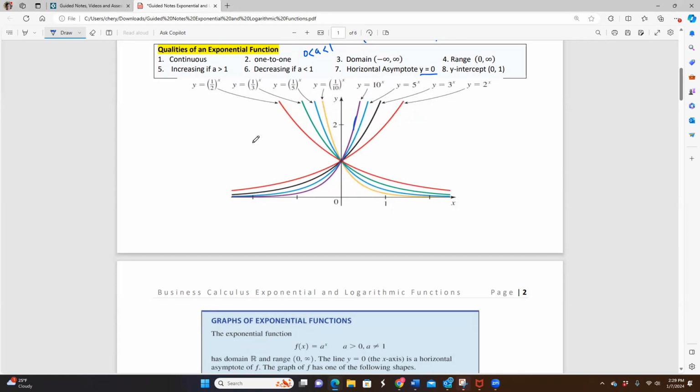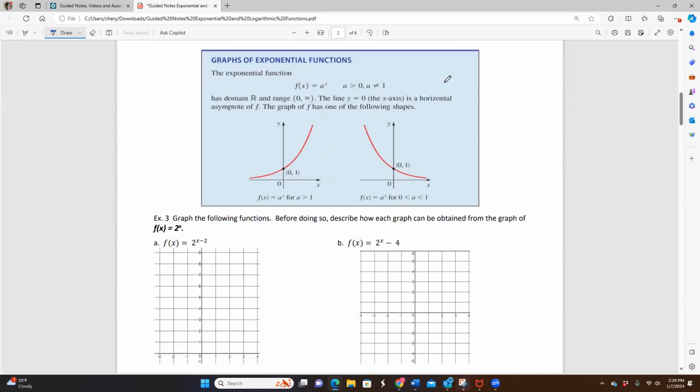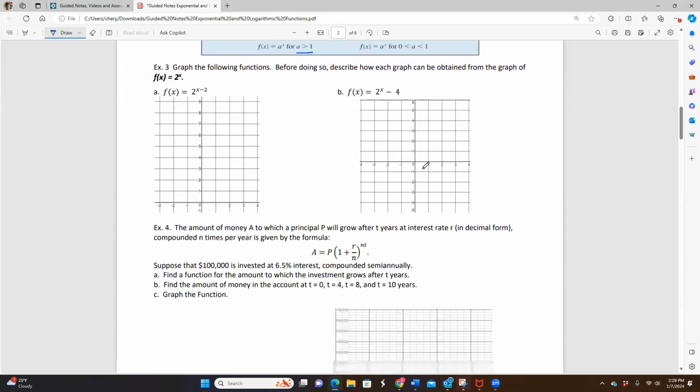So you can see when your base is between 0 and 1, you have a decreasing function. And when your base here is greater than 1, you have that increasing curve. So this says that same thing again. When a is greater than 1, you have that increasing function with the y-intercept of 0, 1. And when a is in between 0 and 1, you have that decreasing function.